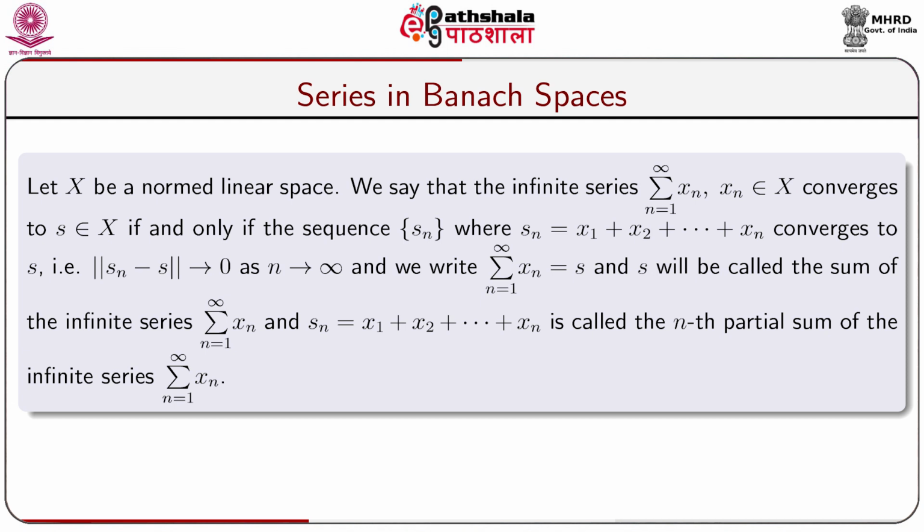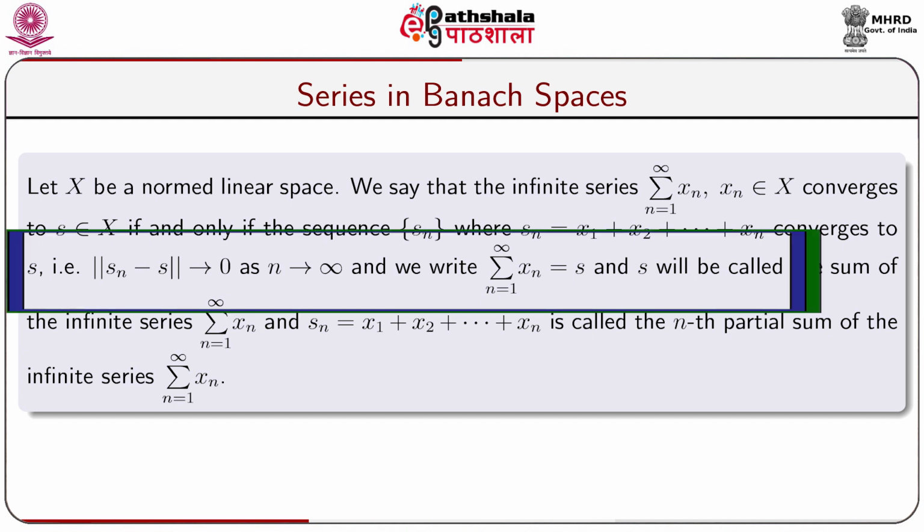Now, we say that the infinite series sigma n equal to 1 to infinity xn converges to an element S belonging to capital X if and only if the sequence Sn, where Sn is equal to x1 plus x2 plus dot dot plus xn, converges to S.